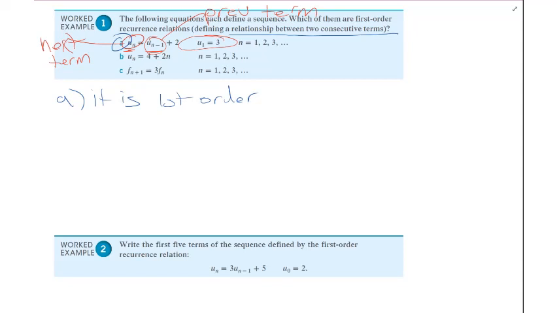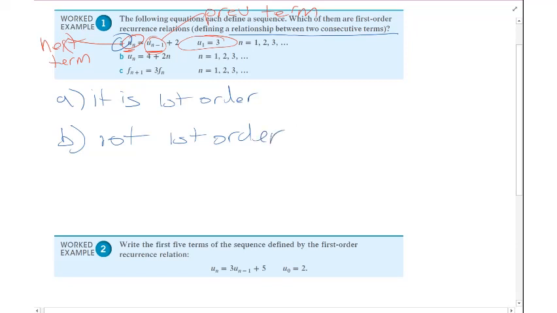For B, let's have a look at B. It says UN equals 4 plus 2n. That's not first order. And why isn't it first order?